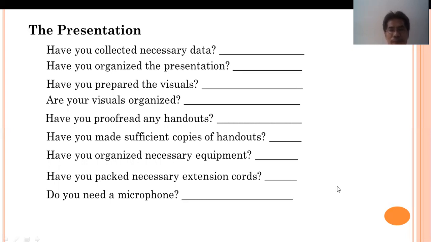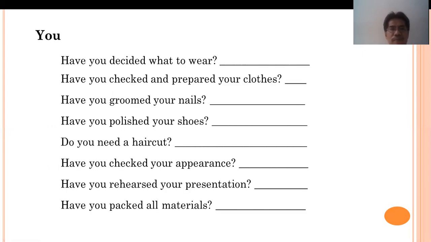Is it running well, does it work? If it doesn't work, you need to check it first, because sometimes in reality when you are facing the audience and want to use your microphone, it doesn't work. It is very important for you to make sure everything is working very well.